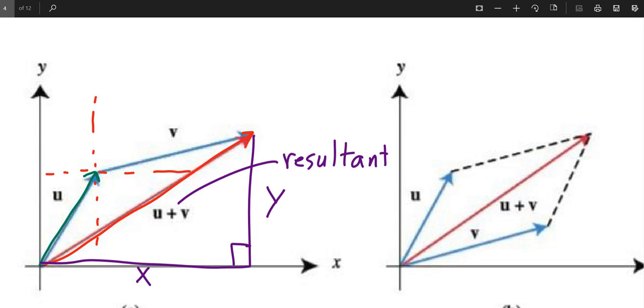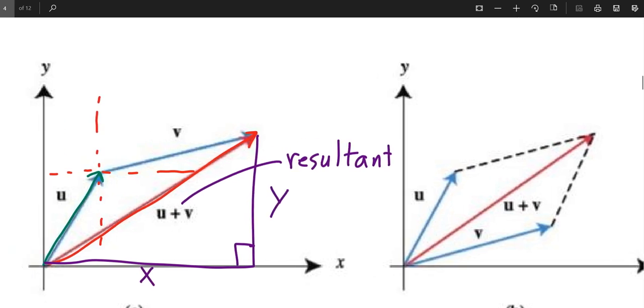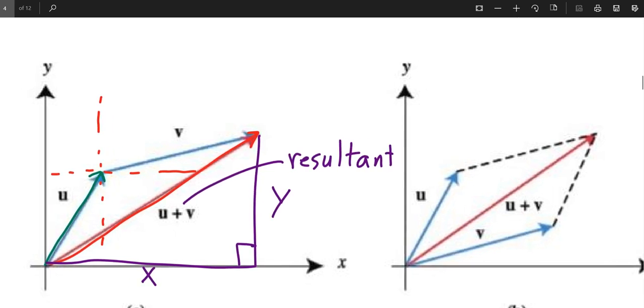Now, where do we run across situations like this? If I'm flying an airplane and I am vector v, but the wind is pushing me, and the wind is vector u. This is why airplane pilots have to know what's going on, because if they push themselves this way, they can land there.